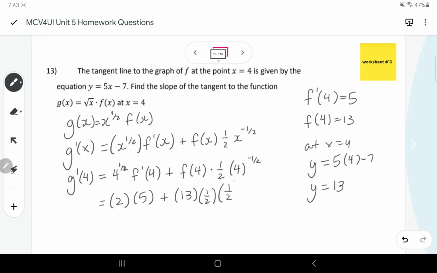That's 1 over the square root of 4. So we get 10 plus 13 over 4. That would be 40 over 4 plus 13, so 53 over 4. So the derivative at x equals 4 of our g at x function is 53 over 4. And that's everything from today's homework questions.